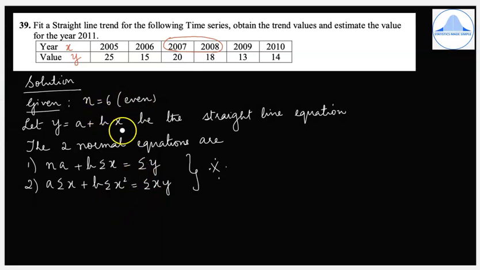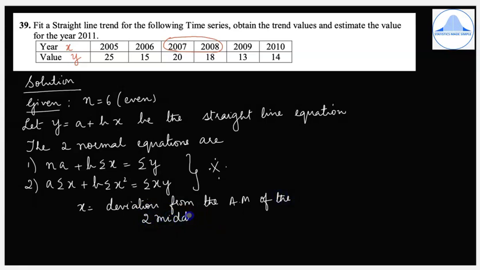Whenever n is even, the formula we use for x is deviation from the arithmetic mean of the two middle years divided by h by 2, where h is nothing but the difference between the years.